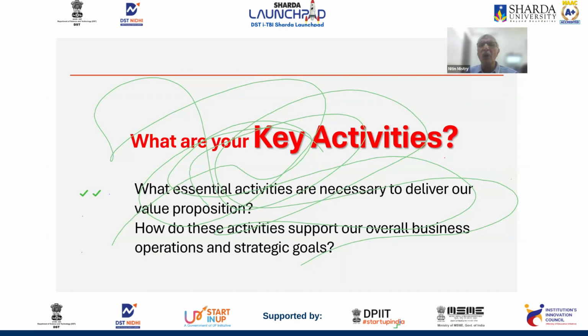And supporting means all kinds of support your customer requires, could be some kind of admin work or service support. Plus, within your organization, you need admin work, HR activities or welfare activities, which also become a part of the key activities, right?